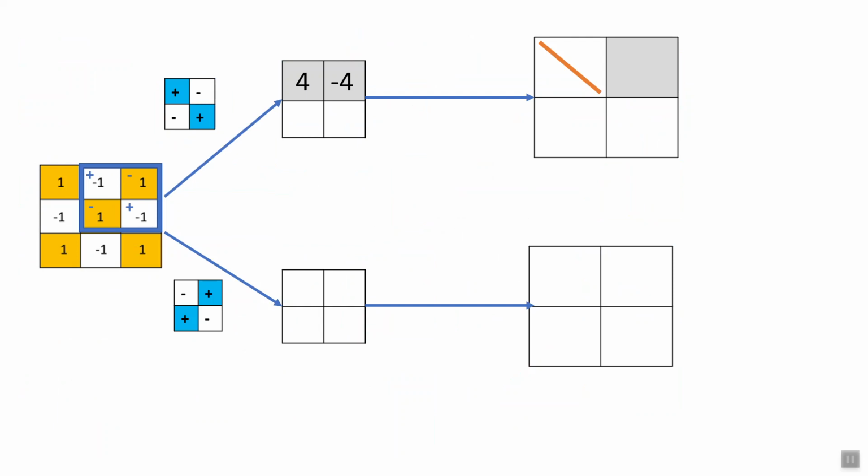Similarly, for the third value, we again get minus 4. For the next layer, it is again too small. Similarly, we move to the next value, and it gives 4. So this is the maximum value.